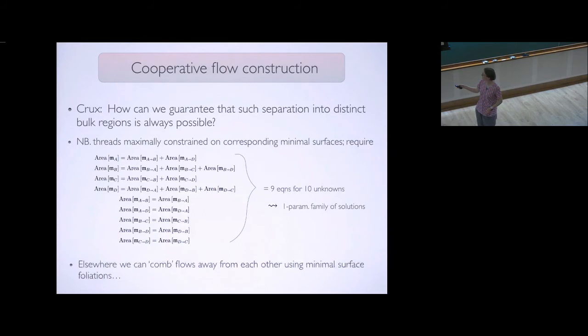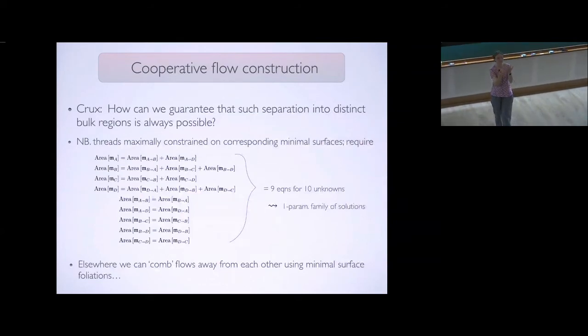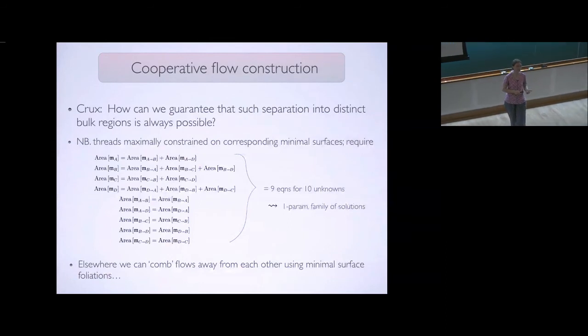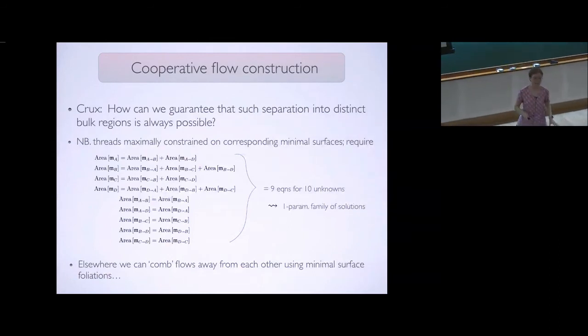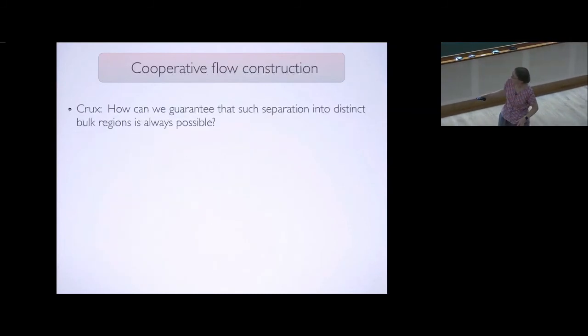So that's always possible. And then the other thing to show is that once you have fitted these strands through the minimal surfaces, they don't interfere with each other elsewhere. That you can show by combing the strands to be maximally compact, saturating the norm bound not just on the minimal surface but away from it, by using foliations by minimal surfaces. And this is where the bulk locality comes into it. Let me just go back to this picture.